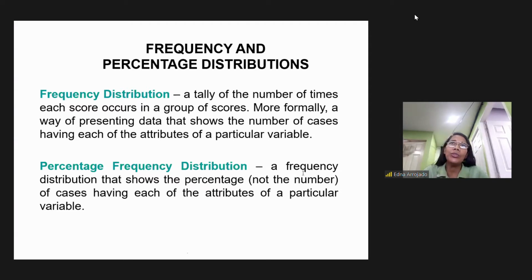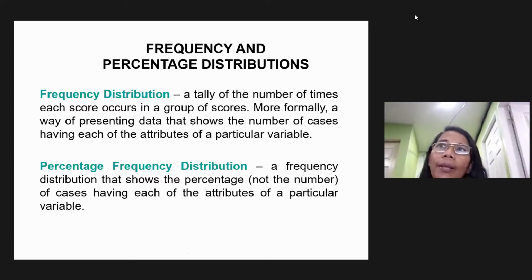So, a frequency distribution that shows the percentage, not the number. If there are 100 respondents, you don't put the number, like 50 agreed, 30 disagreed, 20 neutral. No, your presentation can also be a percentage frequency distribution. So, 50 out of 100, that's 50%.